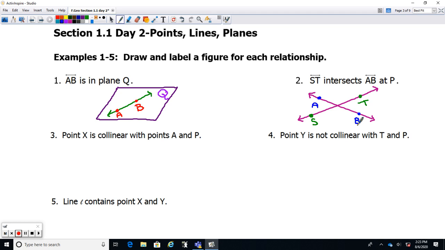You could have had your A on the lower end here. You could have had both your letters on the upper end. It just needs to be somewhere located on that other line. And then the one that we don't really have that much of a choice of placing is the intersection. The intersection has to go here, and they said it had to intersect at P, so that one definitely goes right there.